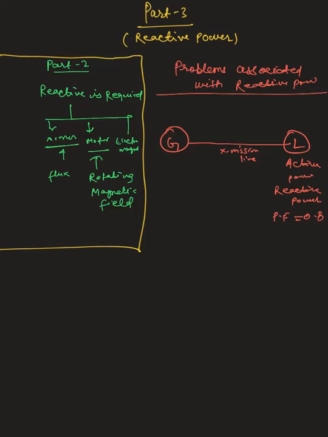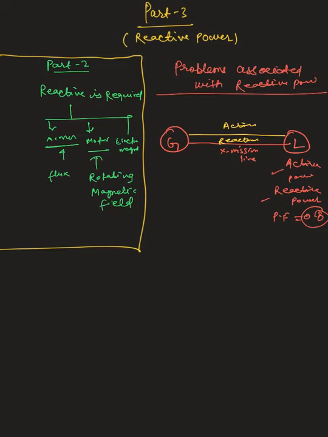That means 80% is the active power and 20% is the reactive power. Now, since the load is depending upon the grid for both active and reactive power, it is consuming both active as well as reactive power from the grid.